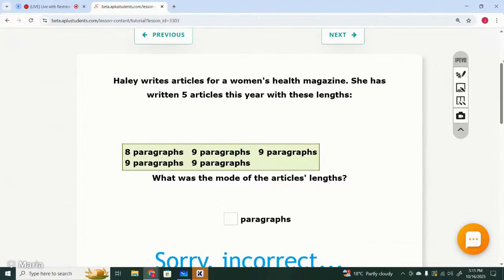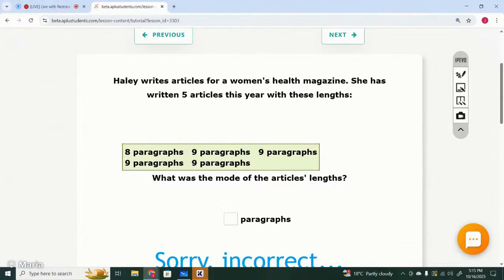Halle writes articles for a women's health magazine. She has written 5 articles this year with these lengths. What was the mode of the articles' length? So you need to calculate the mode. Mode is the number that appears the most in the given data.